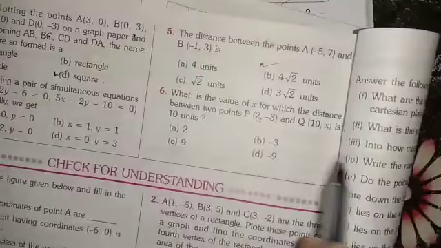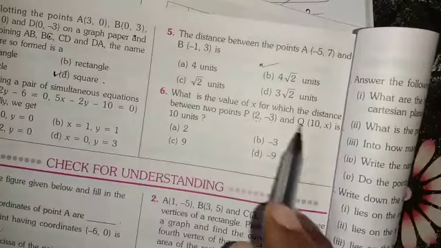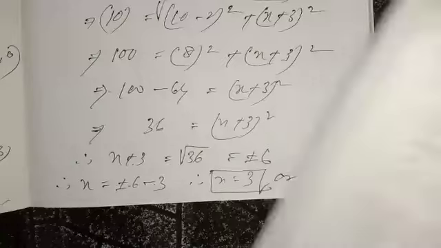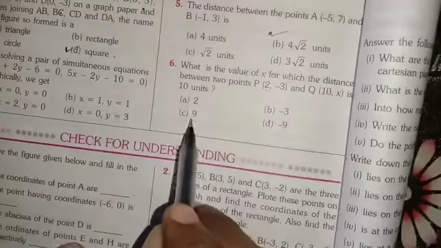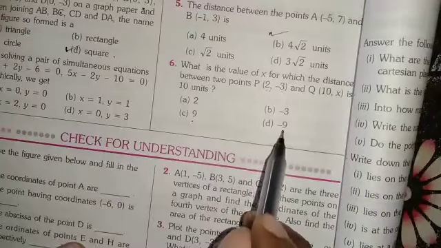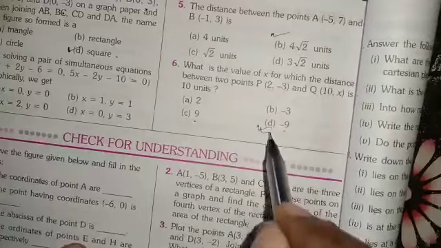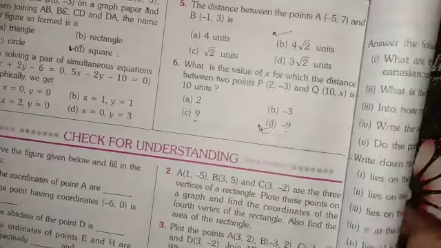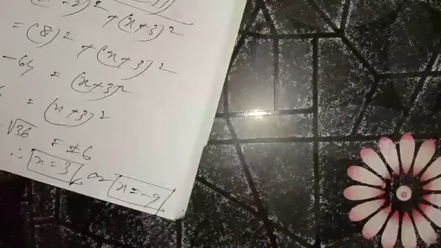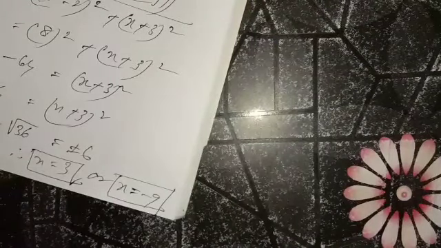Just to check, what is the value of x? The answer will be 3 or minus 9. So here minus 9 is given, therefore option D is the right option. Just check the answer. Thank you for today's class. Look at the answer, sir, option D was it.